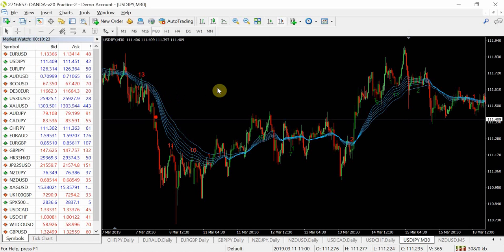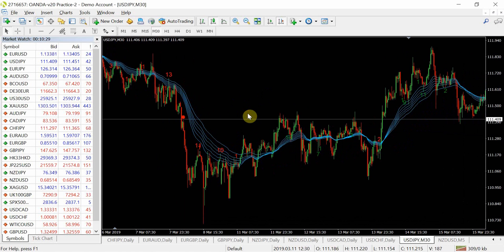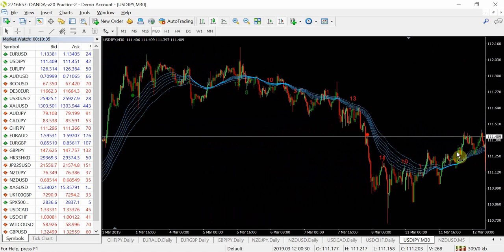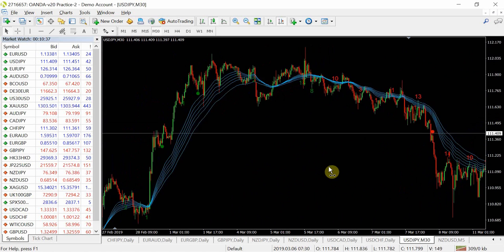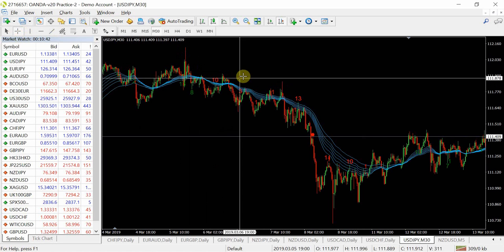So again, I've just picked this chart for demonstration purposes, and we can look at other charts as well if we get a bit of time. Okay, let's take it over here, from this section here.